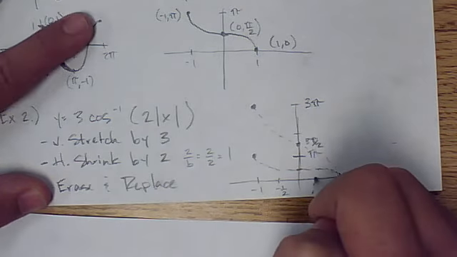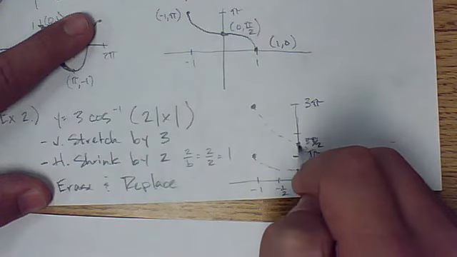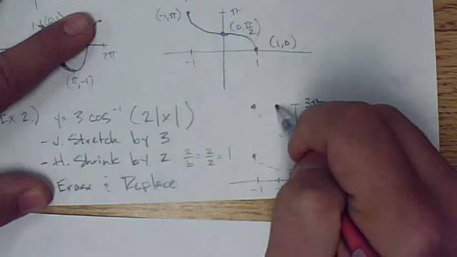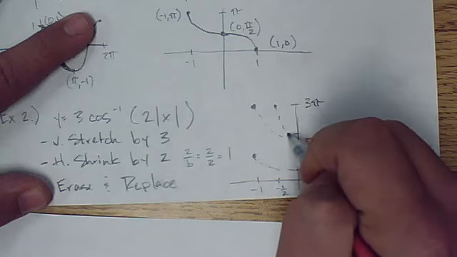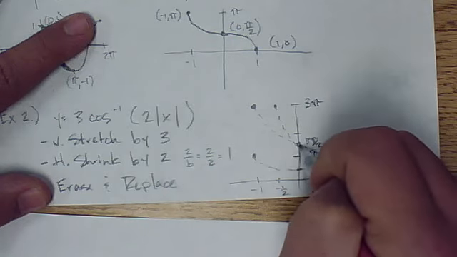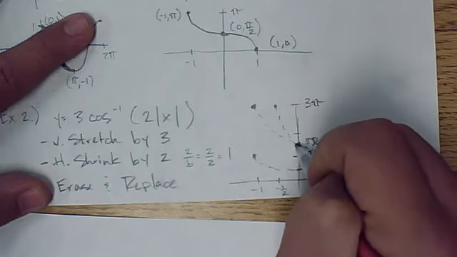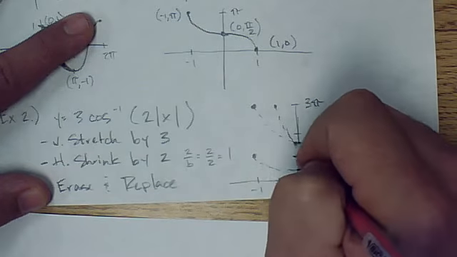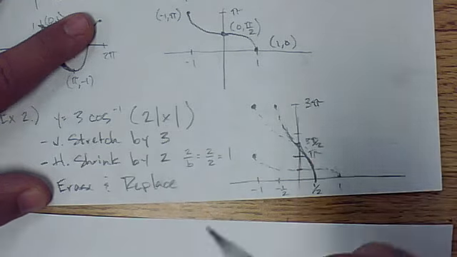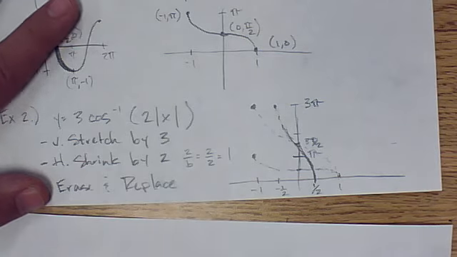So now it still goes through 3 pi over 2. I'll make this a little darker so you can see what's going on here. There you go.